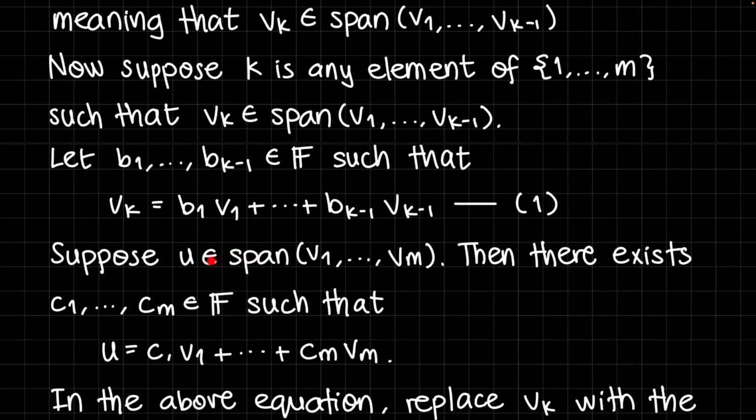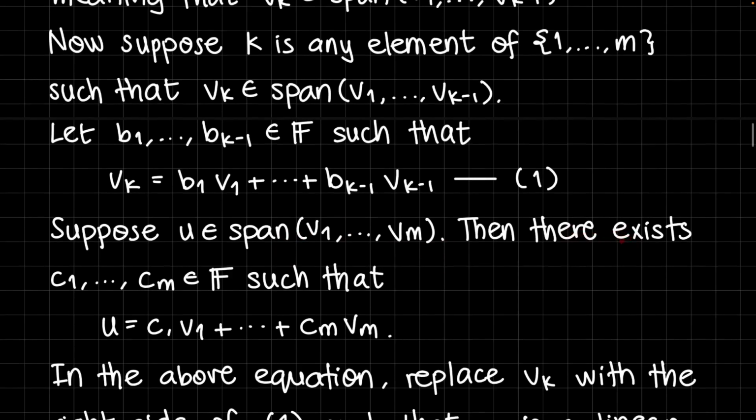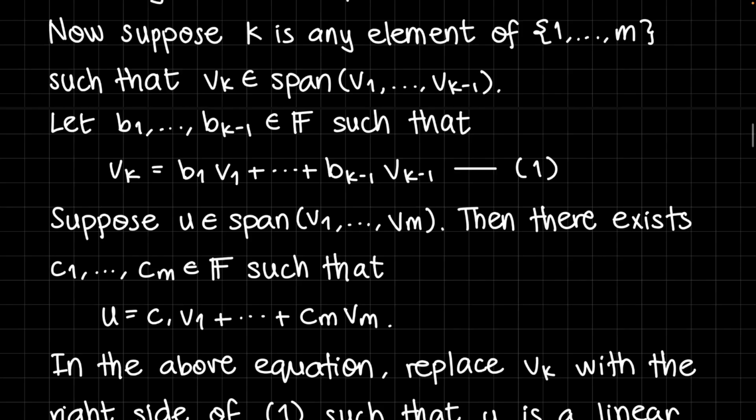Suppose u is in the span of the original list, which is v1 through vm. Then there exist coefficients c1 through cm in the field such that u can be written as a linear combination. That is the definition of being in the span, that u can be expressed as a linear combination of v1 through vm. So you have u decomposed as c1 v1 plus dot dot dot plus cm vm.